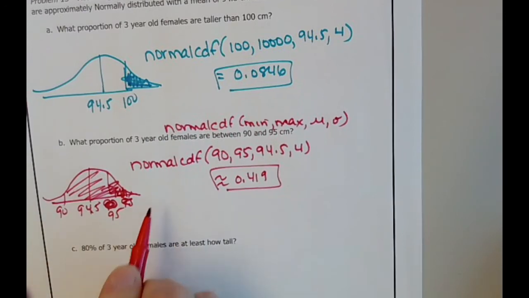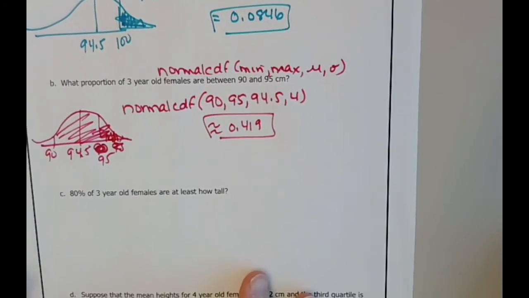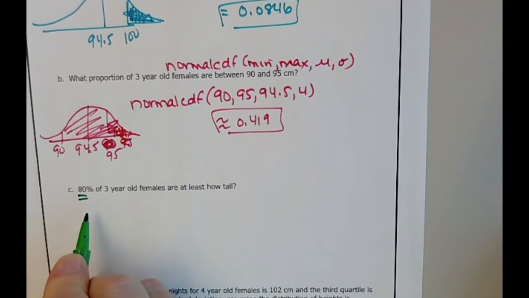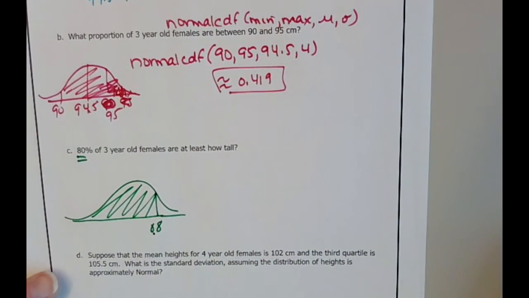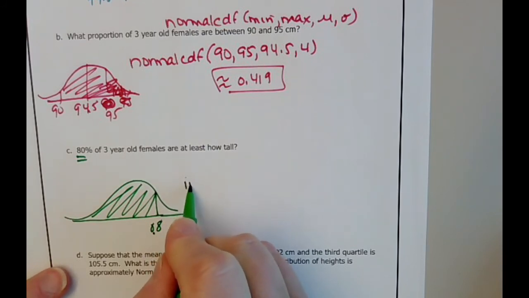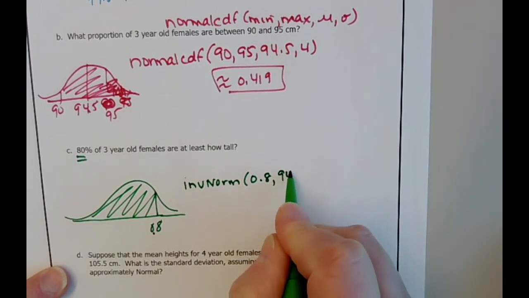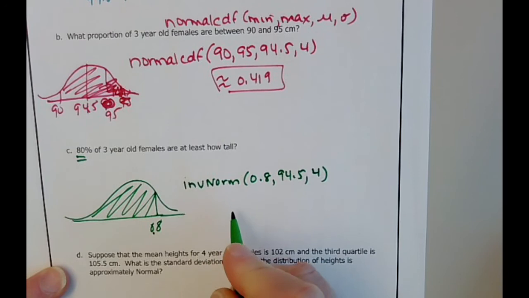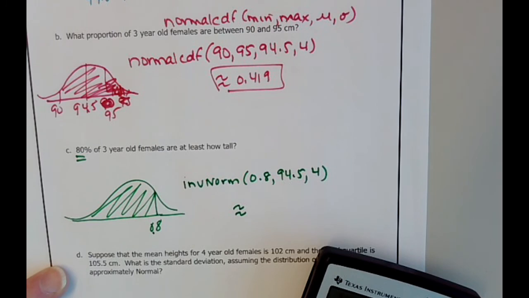We can also find the z-scores and do it that way and subtract them, but we really don't need to do that. And then for the last one: 80% of females are at least how tall? So that means 80% are all here. We can either look in the chart and find my z-score and work backwards, or we can go inverse norm, 0.8, 94.5, and 4, and we're going to get 97.86, I believe.